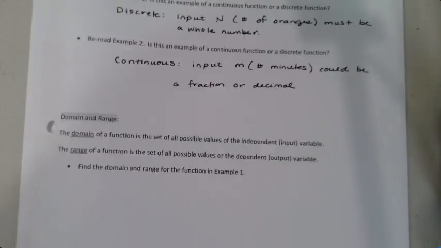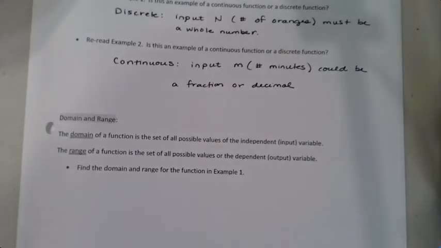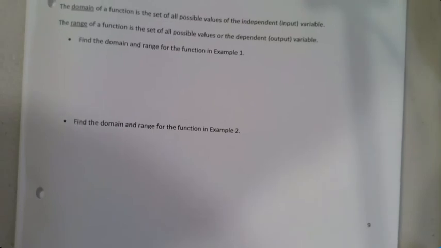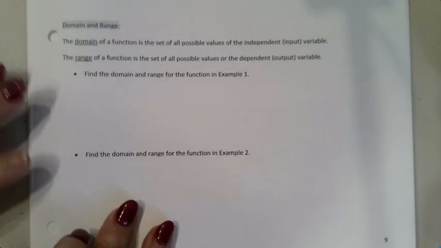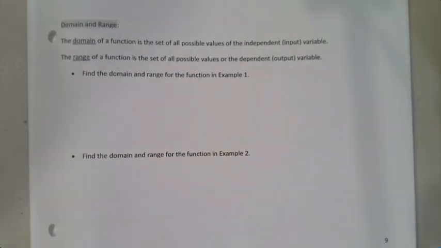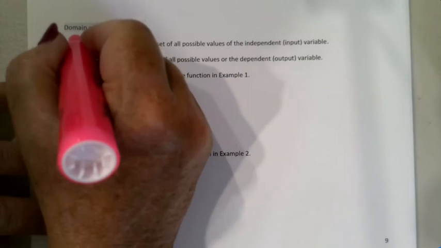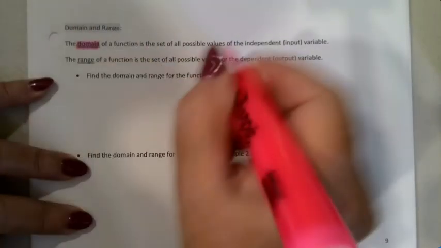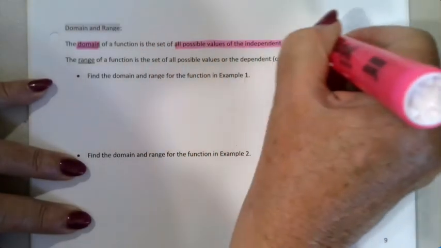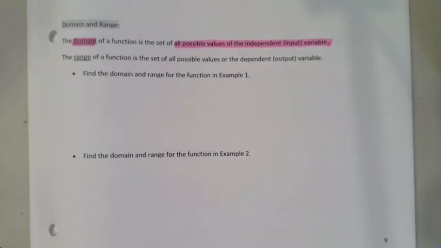All right, one more pair of definitions to wrap up this section. Domain and range. The domain of a function is the set of all possible values of the input variable. All the possible inputs form the domain.